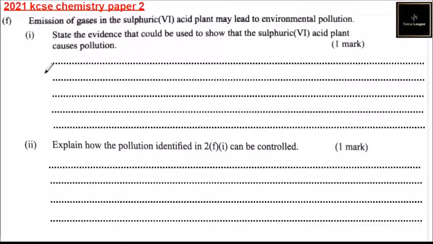Part F, we are told emission of gases in the sulfuric acid plant may lead to environmental pollution. Part Roman number 1, state the evidence that could be used to show that the sulfuric acid plant causes pollution. These gases, when they come into contact with water vapor, form acid.